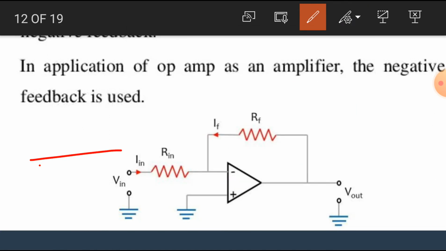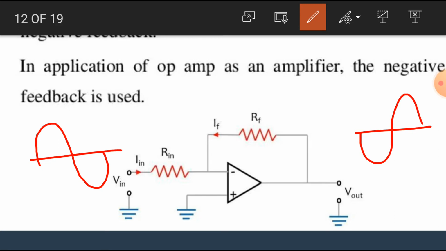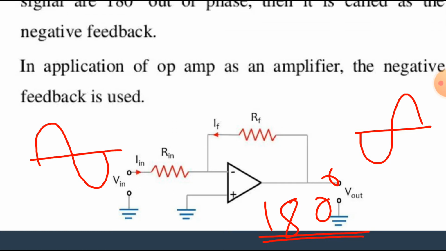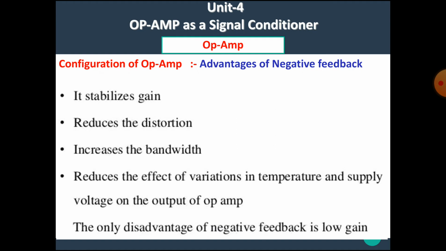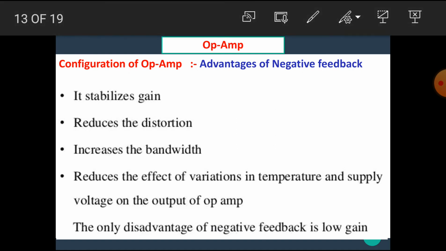If the input signal is in this phase, then the output signal gets in this phase. That means there is 180 degree phase shift in the negative feedback. I hope you all understand the difference between the positive feedback and negative feedback.